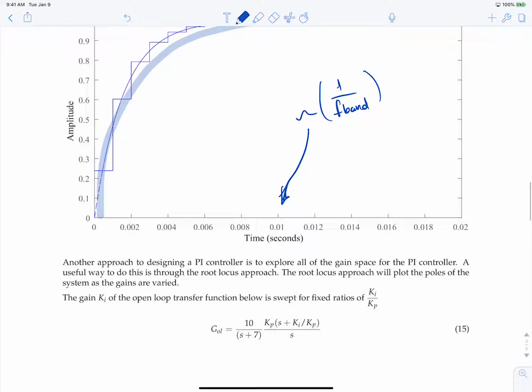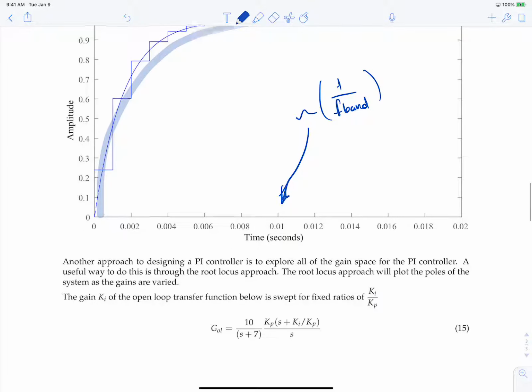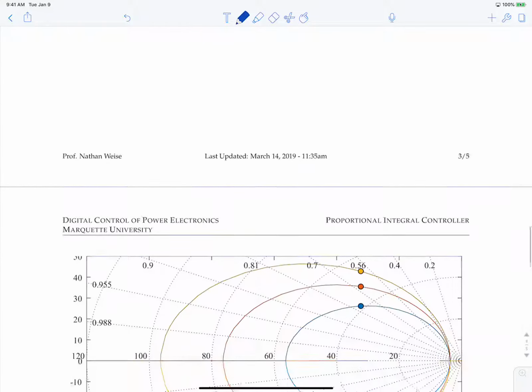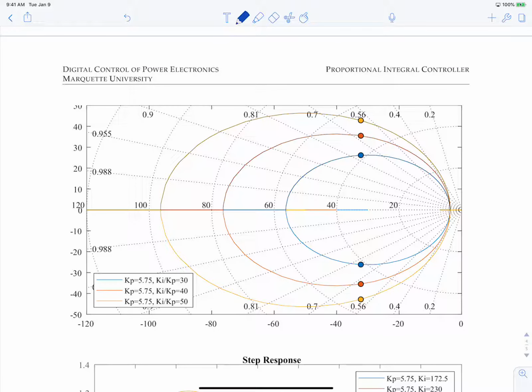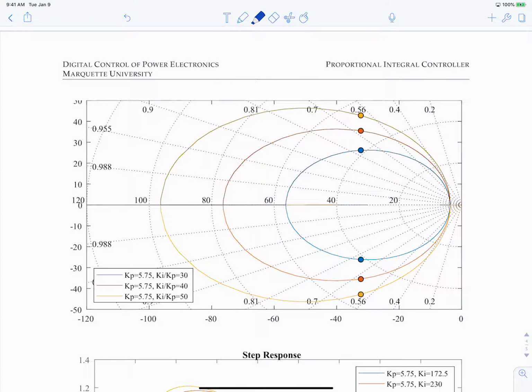Well, a very nice way to do this, again, is with the root locus plotting platform. What I've done in this plot is swept various Kps and Kis, and let me explain how I did this. I did root locus, and I have 3 sets of lines. I have a fixed Kp, so all 3 of them are for a Kp of 5.75.